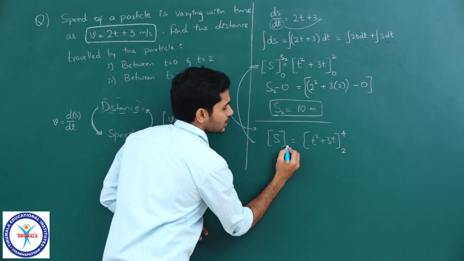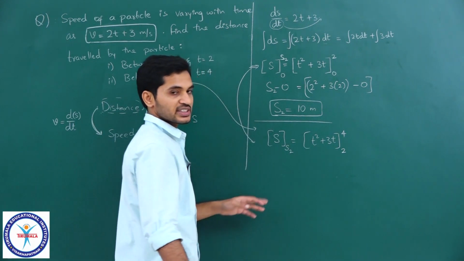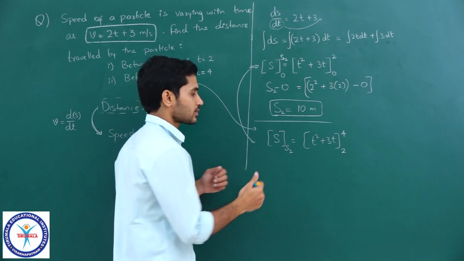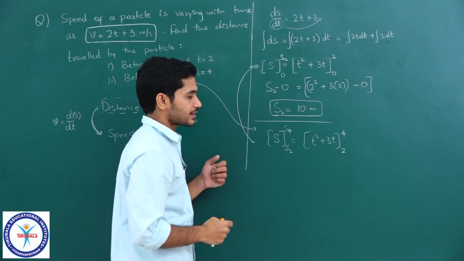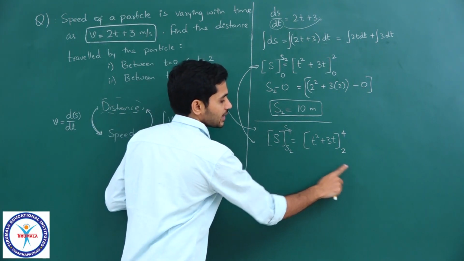Now on this side, let us say s2 is the distance covered in 2 seconds, s4 is the distance covered in 4 seconds. Okay, now if I evaluate this integral, what do I get?